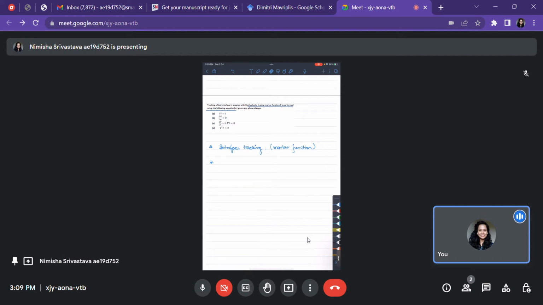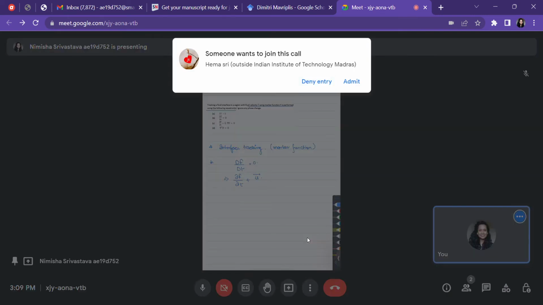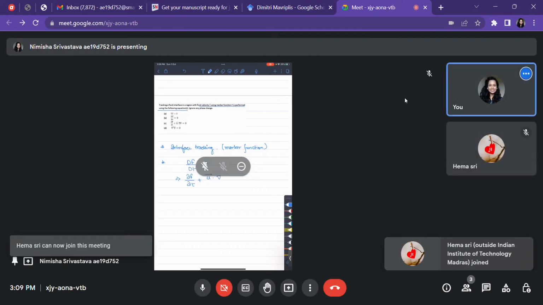And we know that this can also be written as df by dt plus u dot gradient of f.